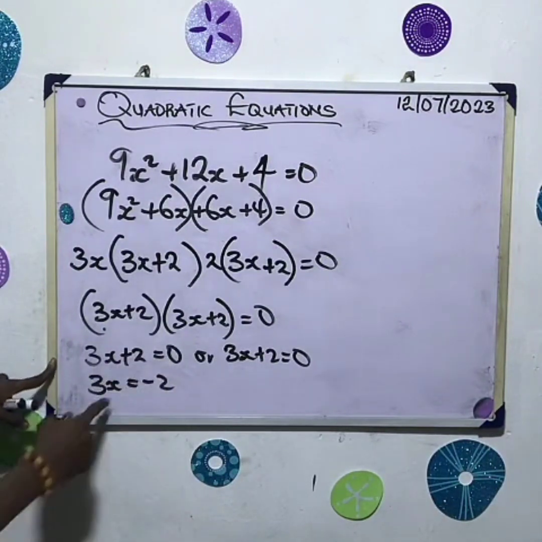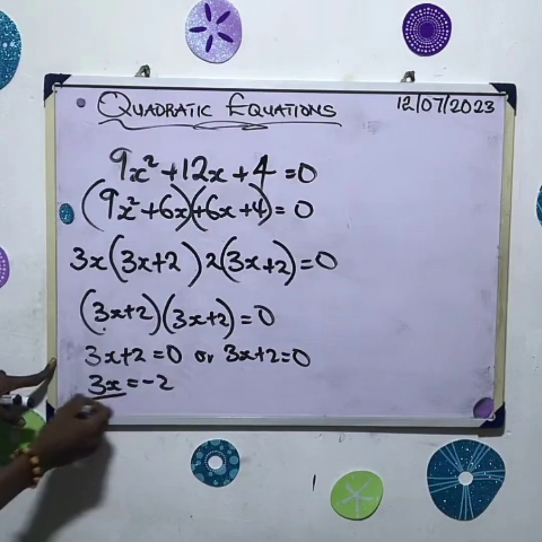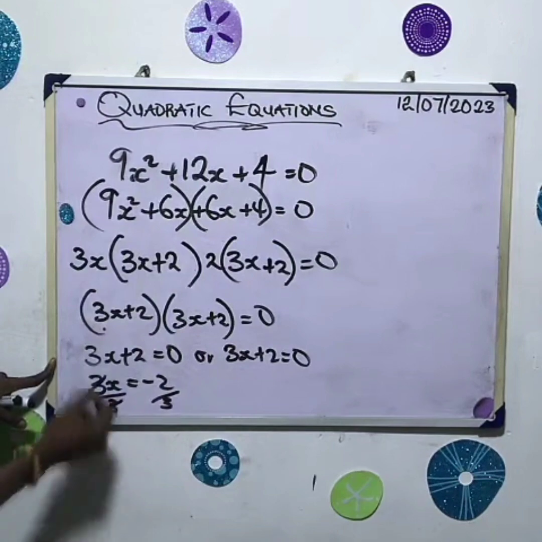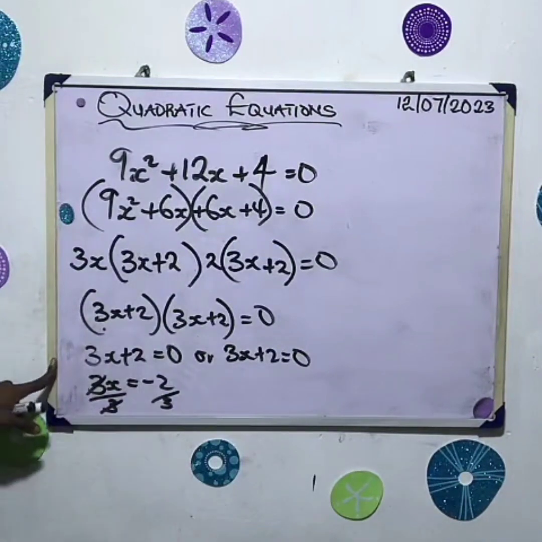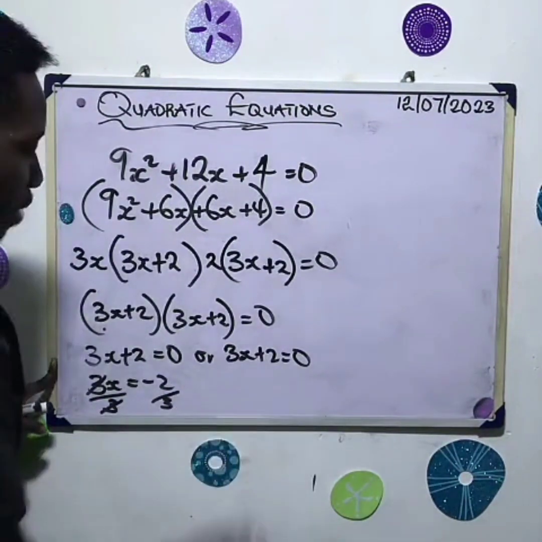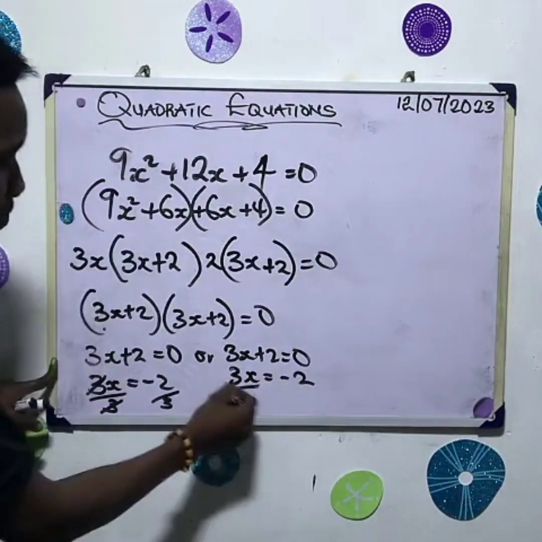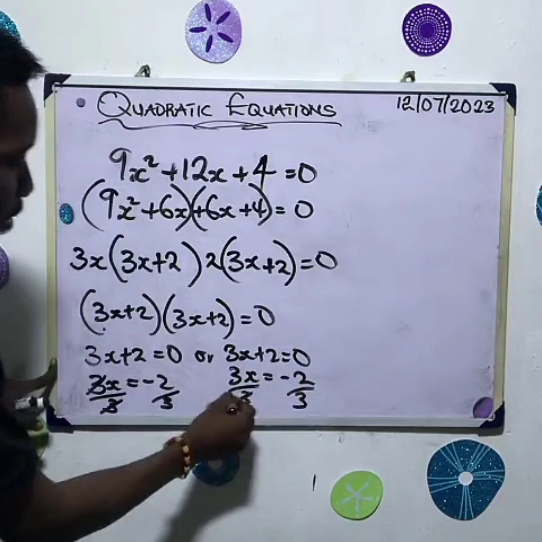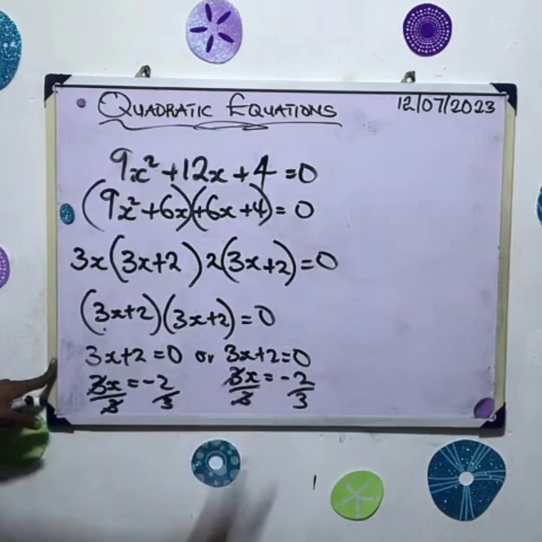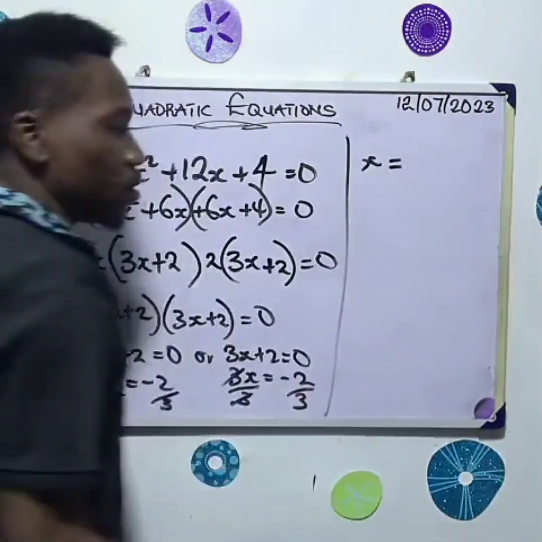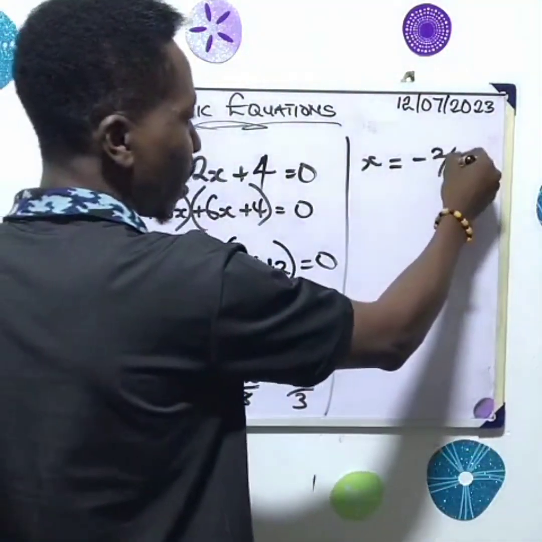The next thing to get the value of x is to divide by 3 on both sides. So 3 cancels 3, and x equals minus 2 over 3. The same thing applies here: 3x equals minus 2, divide by 3, and x equals minus 2 over 3. So in this case, our x has just one root, which is minus 2 over 3.